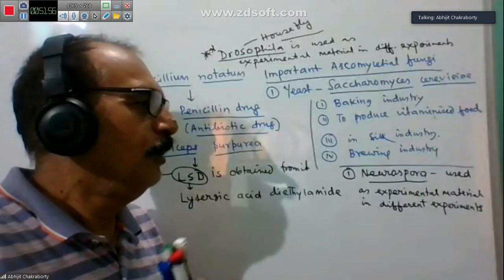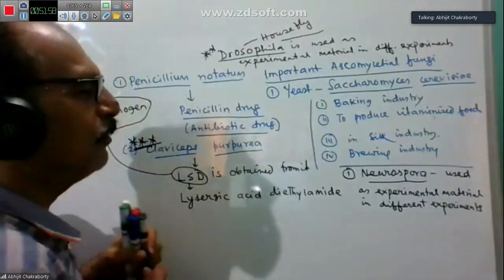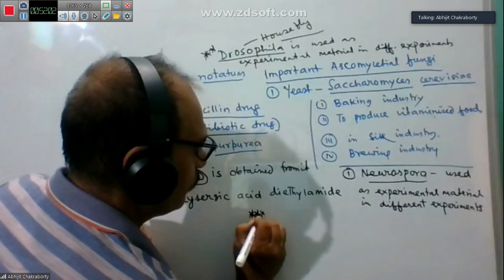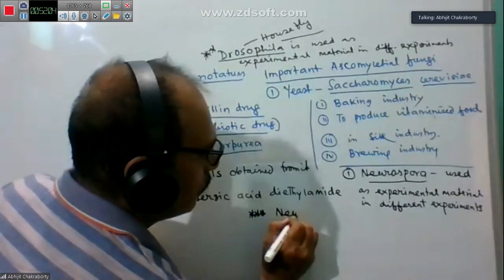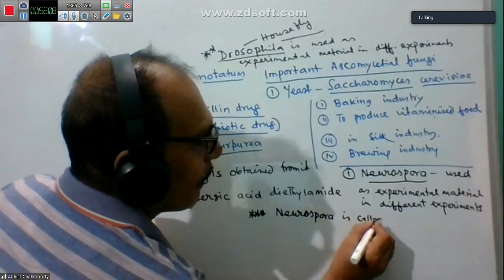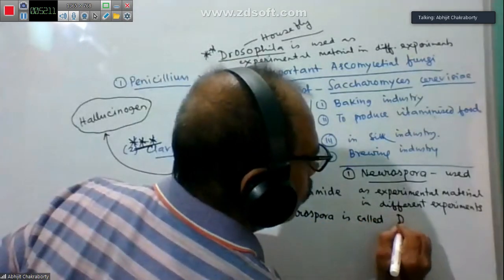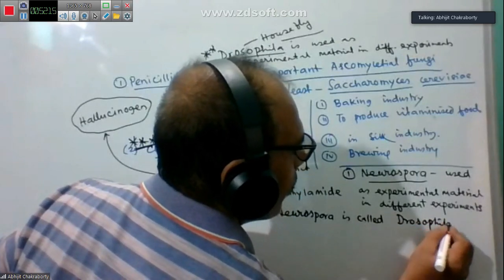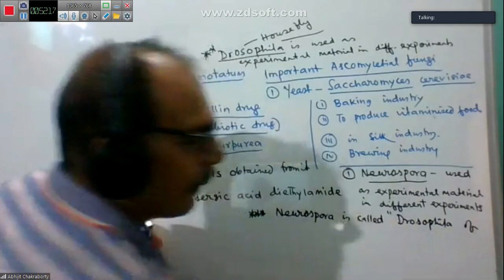So due to this similarity, Neurospora is called the Drosophila of the fungal kingdom.